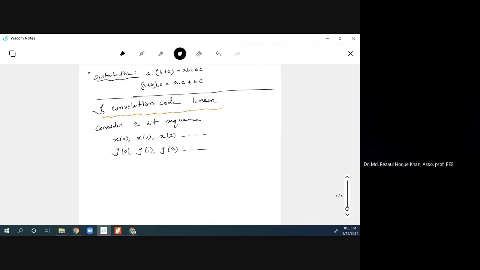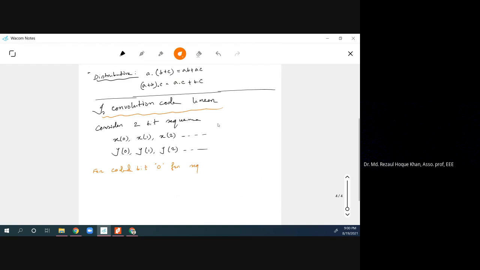Okay, so what is the coded bit 0 for this sequence x?